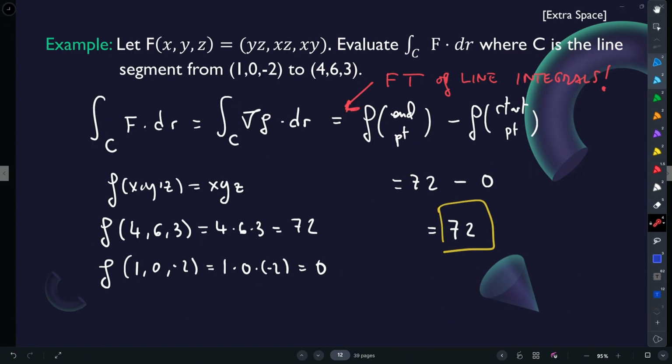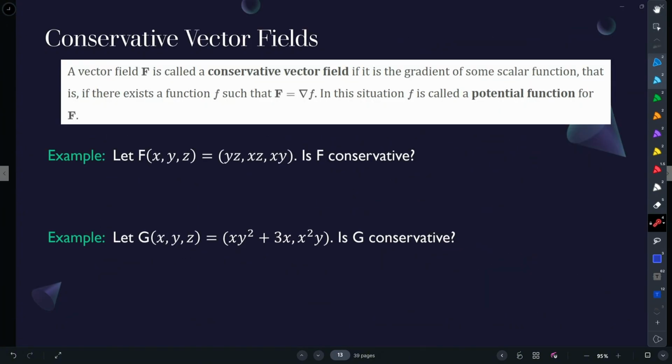Okay. So just as a reminder, we say that a vector field is called a conservative vector field if it is the gradient of some scalar function. So if there is a little f such that the vector field is the gradient of f, in that case f is called a potential function. So here we have a couple of examples.